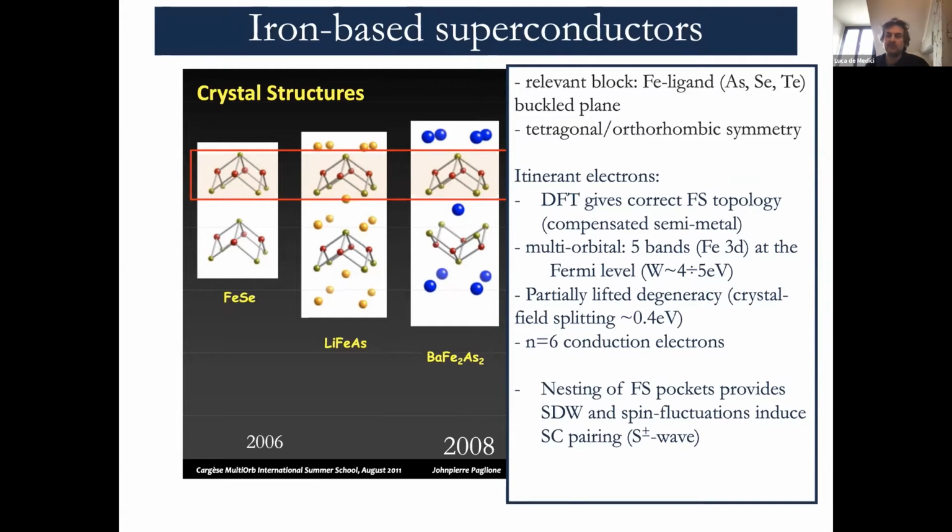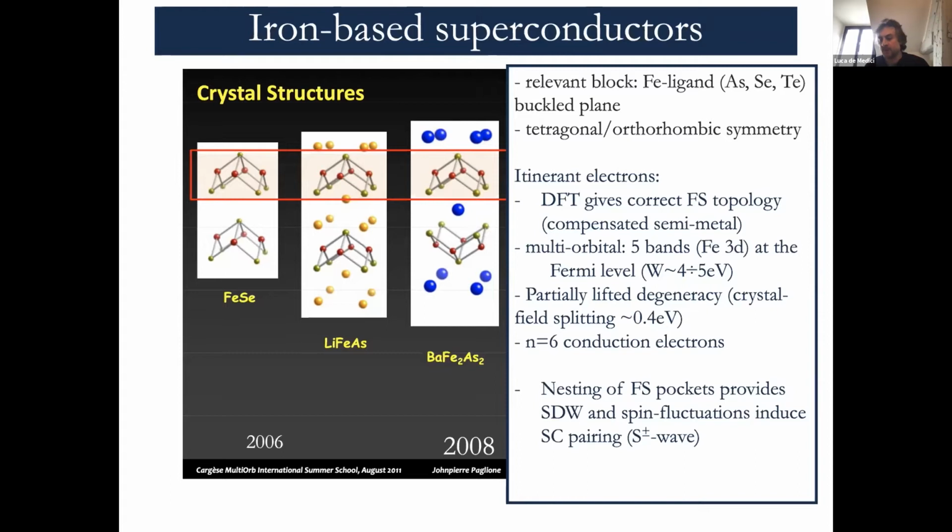These pockets are formed mainly from five bands of mainly iron 3d character that disperse over 4 to 5 electron volts, with some partially lifted degeneracy so that all of them participate in the low energy excitations, and they host six electrons in the parent compounds, and then one can dope.